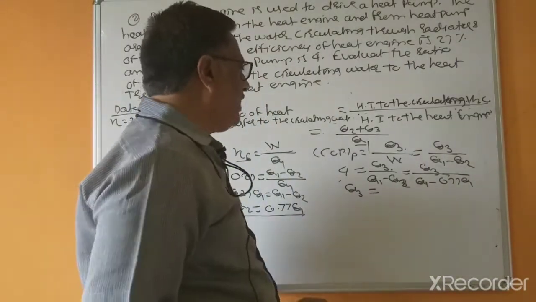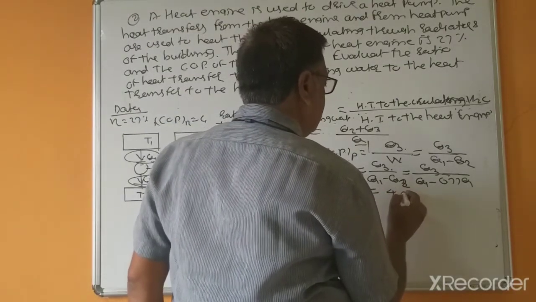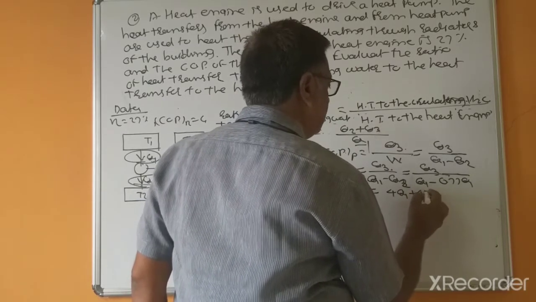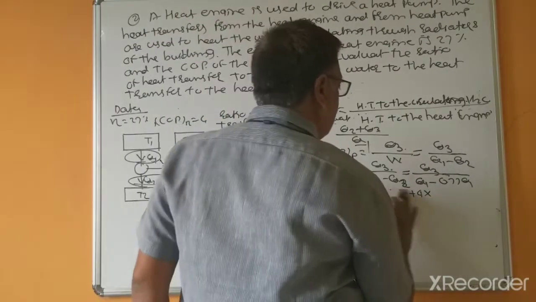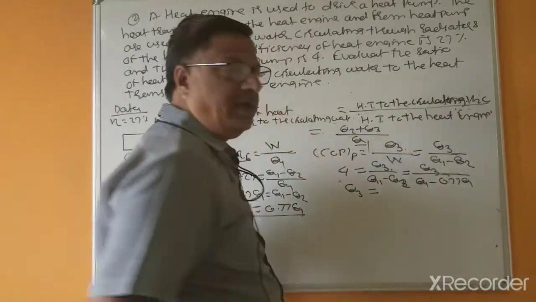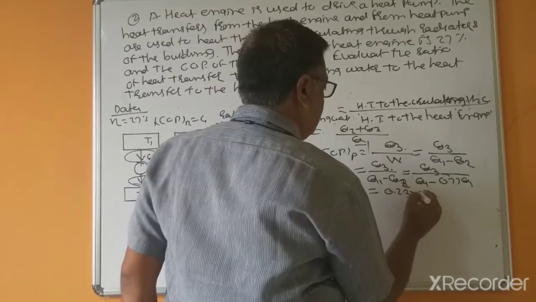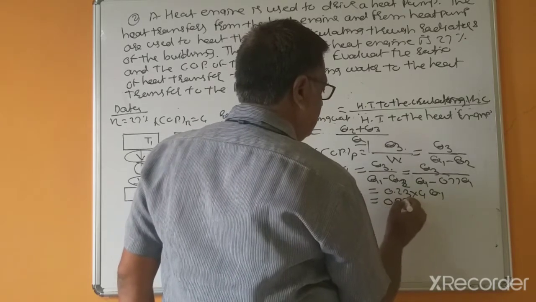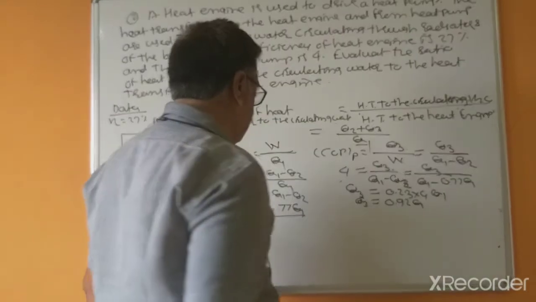So Q3 equals 4 into 0.23 Q1, which is 0.92 Q1.